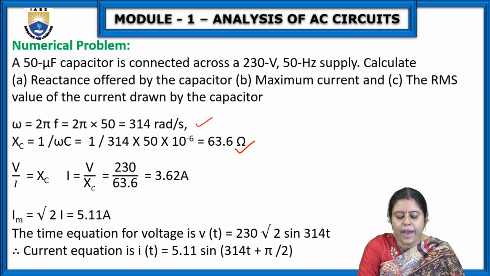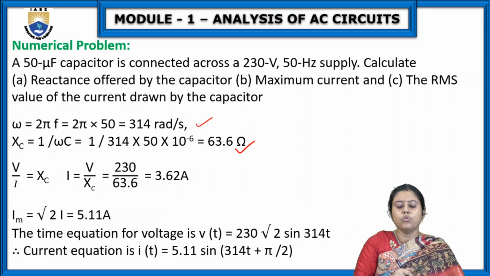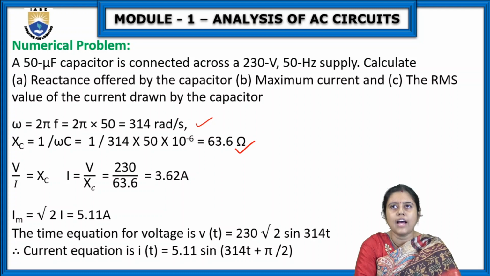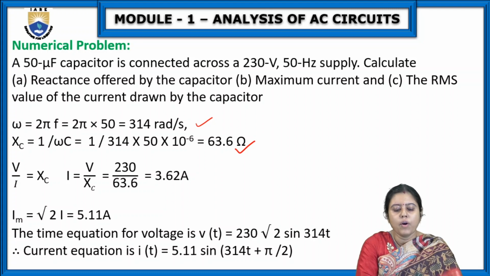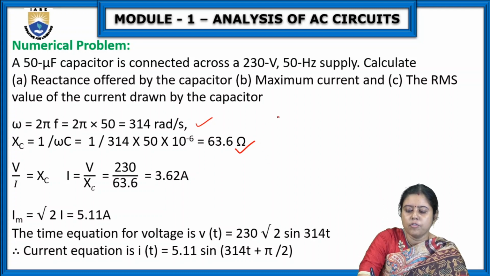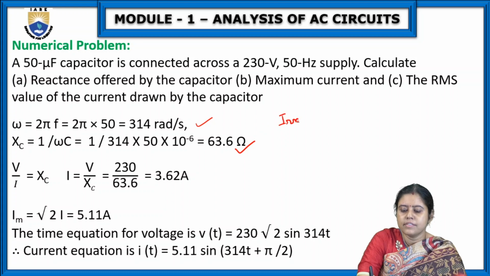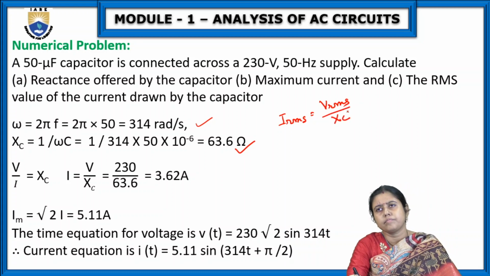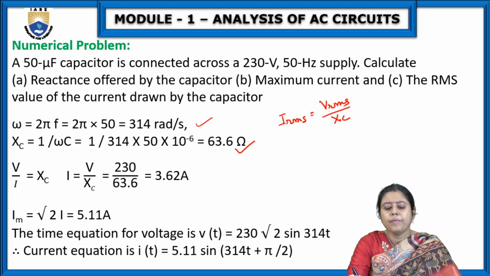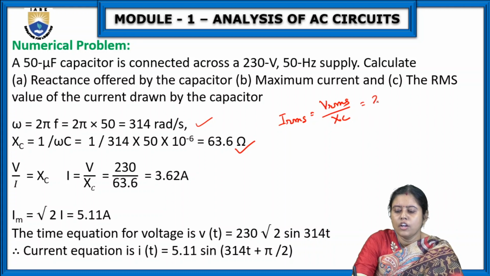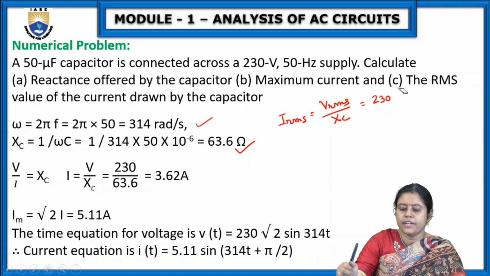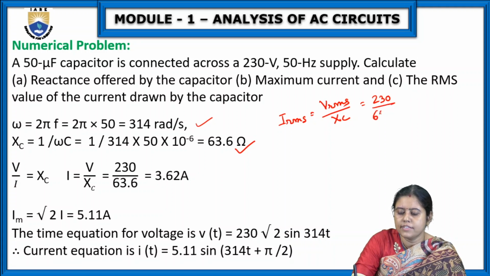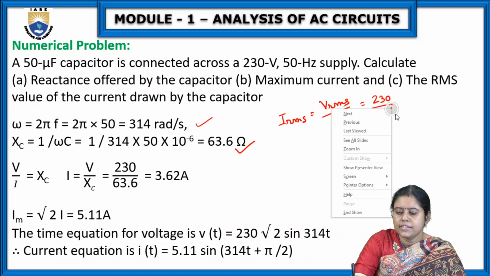What is the maximum current? We can do it in two ways. First, we calculate the RMS value. As this is a pure capacitor, IRMS is VRMS by XC. VRMS is 230 volt and XC we got as 63.6.